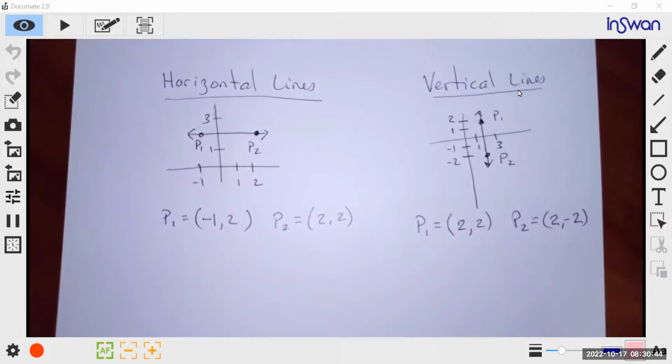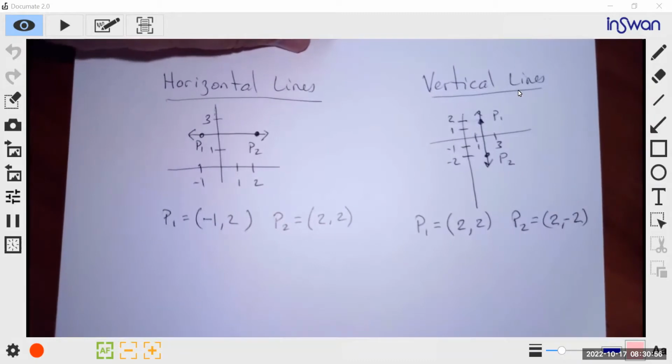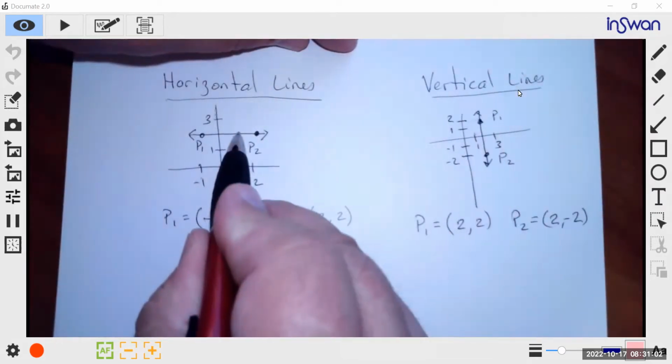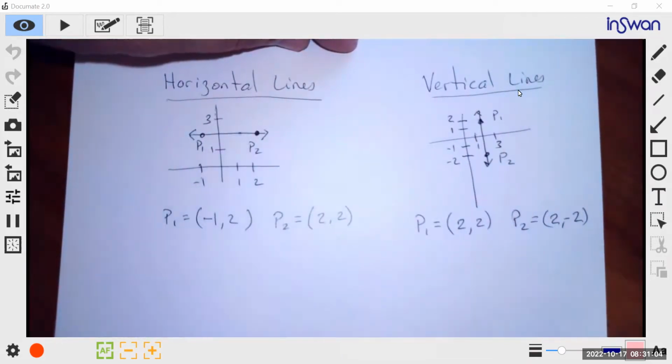If a line is horizontal, what do we notice about the 2 points? I could have used these 2 points, or that point also. So what do you notice about the 2 points? What do they have in common?